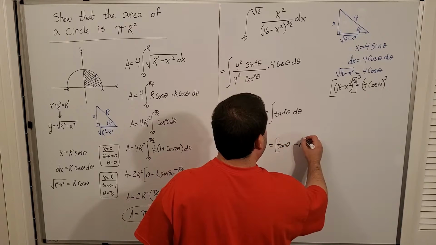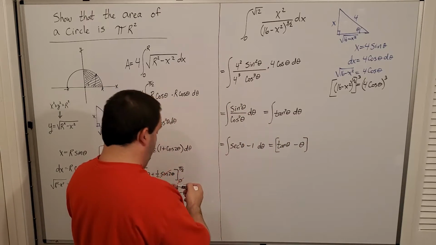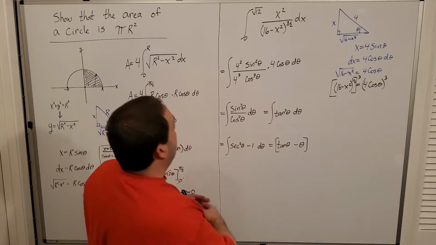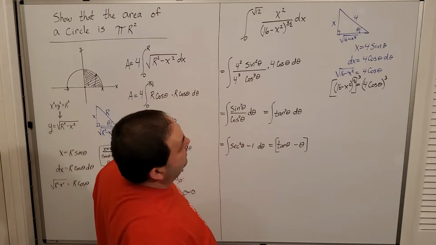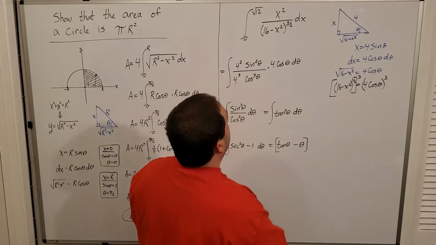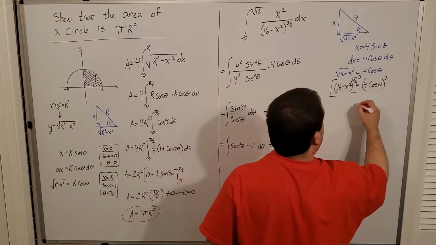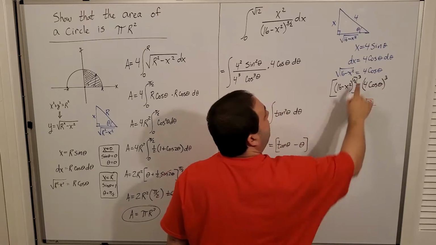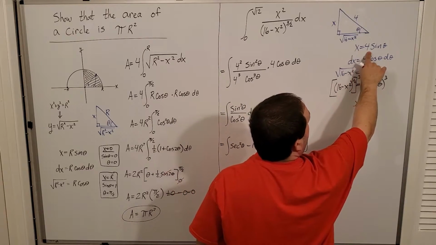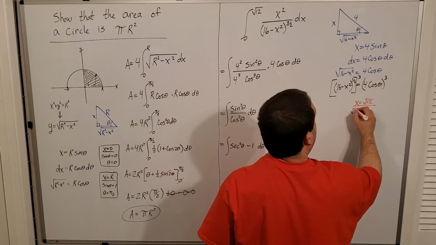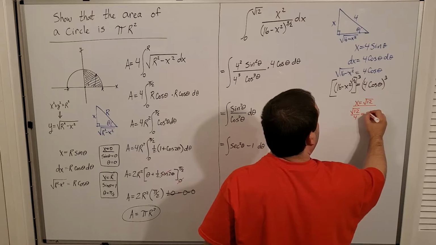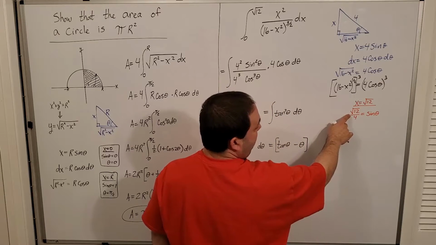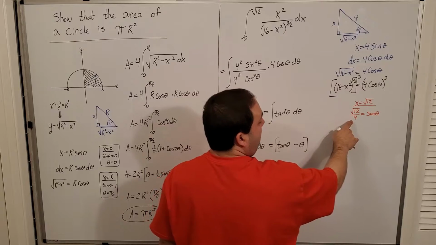Now, I've kind of let it slide a little bit for a few moments, but we didn't convert our limits. So that's why I'm not putting the plus C here. I'm going to go back up now, and let's figure out what those limits are. When x is the square root of 12, then I've got square root of 12 over 4 is equal to sine theta. Well, if you simplify that a little bit, I'm hoping that you'll recognize it.